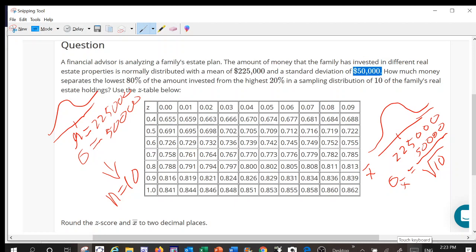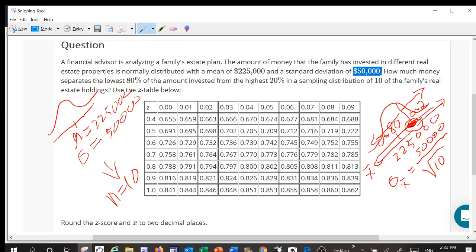Now under this distribution, the question is, what's a number here that separates the bottom 80%, right? 80% of the area here, and then 20% is there. So what's that number that separates the bottom 80% from the top 20%?